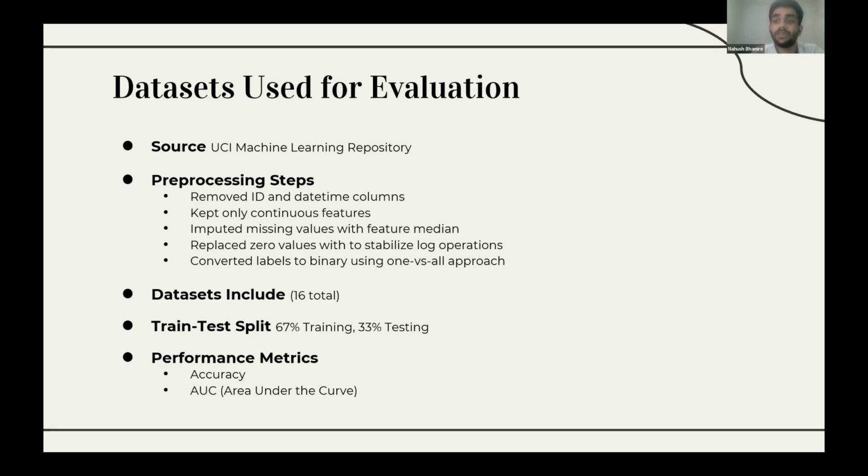And we evaluated performance using two metrics: the classification accuracy, which measures the overall correctness, and second, the area under the curve, or AUC, which is especially useful for imbalanced datasets as it evaluates the model's ability to discriminate between classes regardless of the threshold.